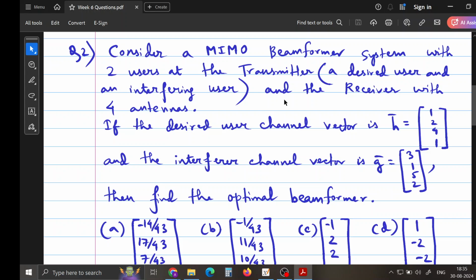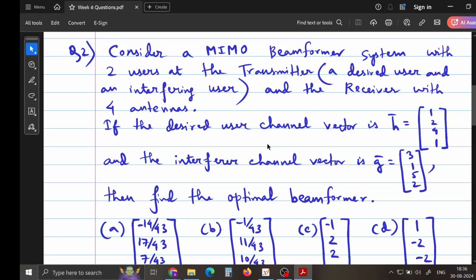So in this question, my interferer is the second user. As I have mentioned in the question, at the transmitter end I have two users. One of them is my desired user and the other is my interfering user. Whenever there is an interfering user, I want to provide maximum signal quality to my desired user and suppress the gain for the interfering user. And noise is always there whenever there is a channel.